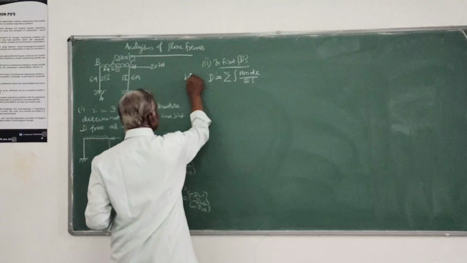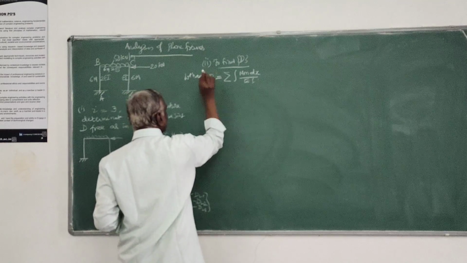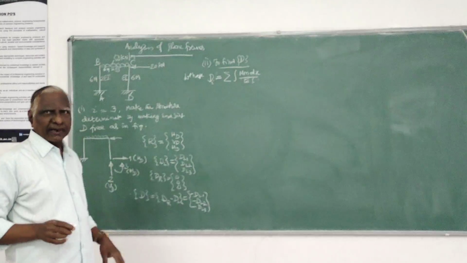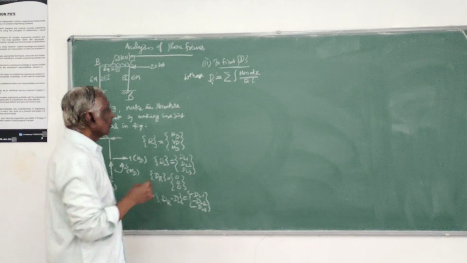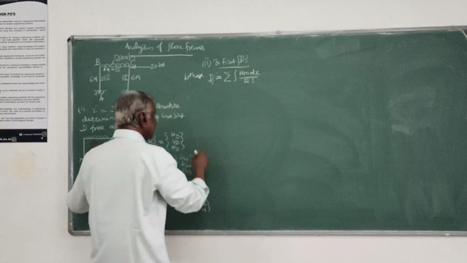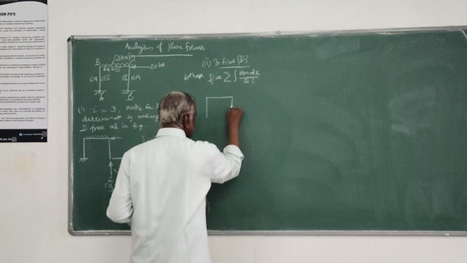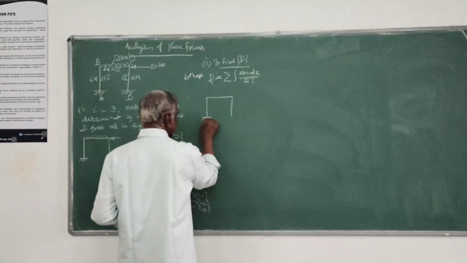Just remember, we have the deflection d along any coordinate given by this formula, where M is the bending moment due to external loading on the basic determinate structure.